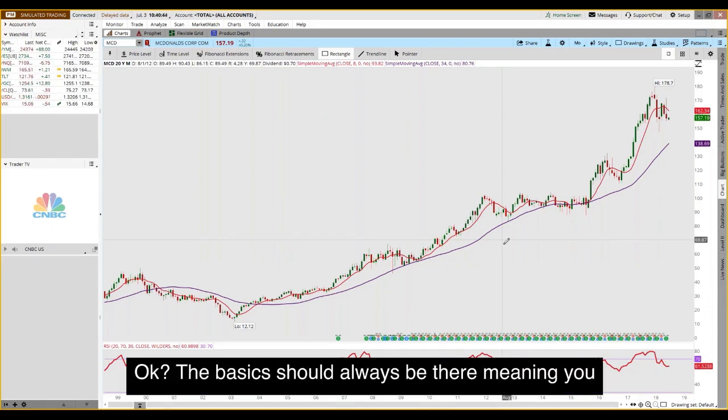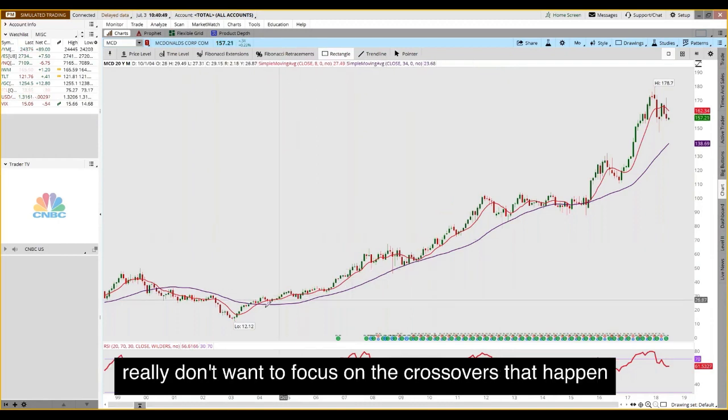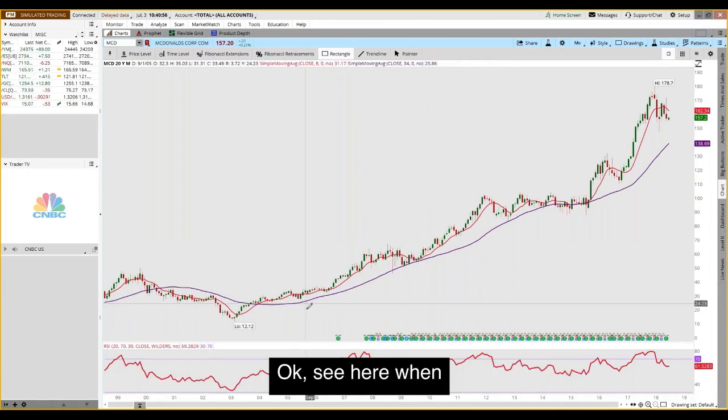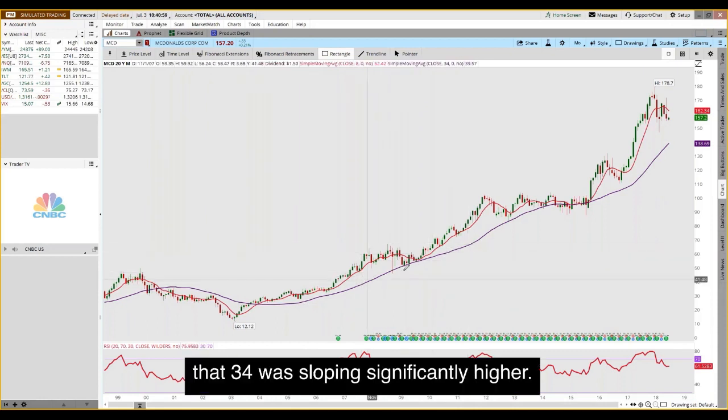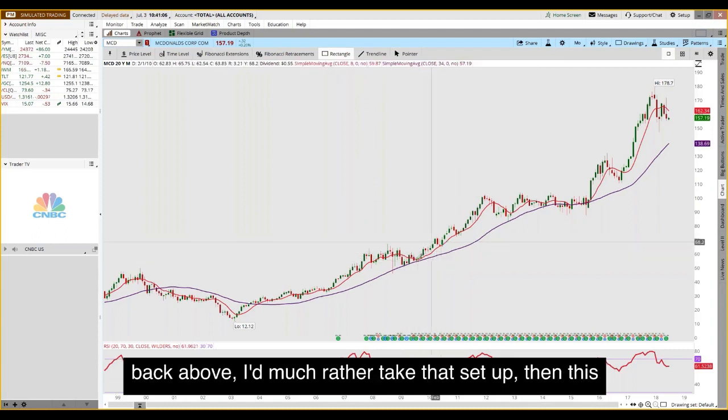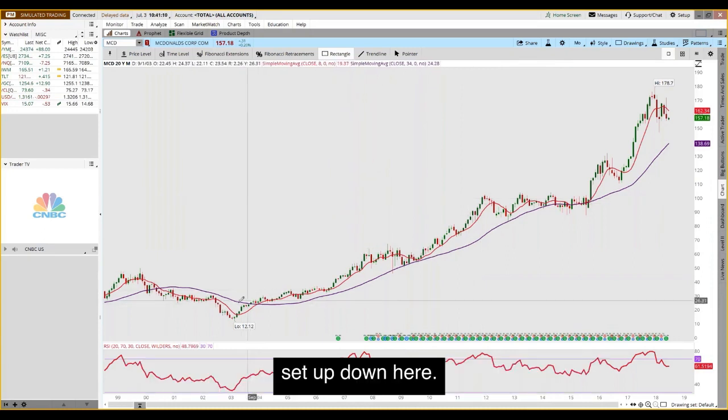Okay. The basics should always be there, meaning you really don't want to focus on the crossovers that happen when moving averages are totally flat. See here, when that 34 was sloping significantly higher, if this 20 pulled back a little more and dipped below and back above, I'd much rather take that setup than this setup down here.